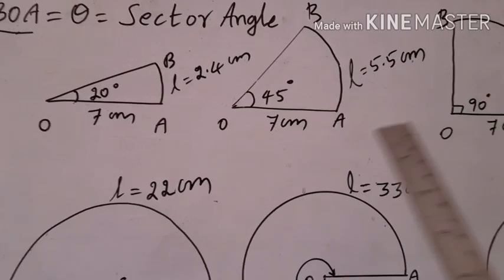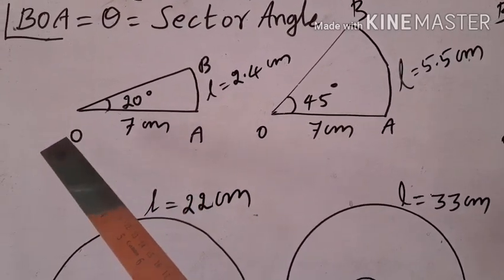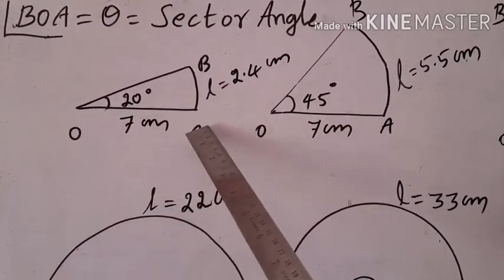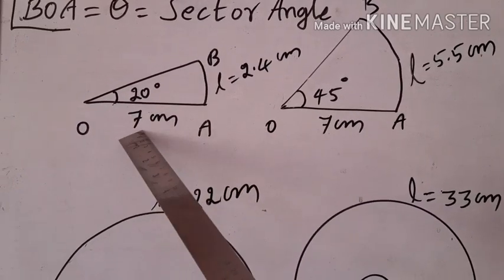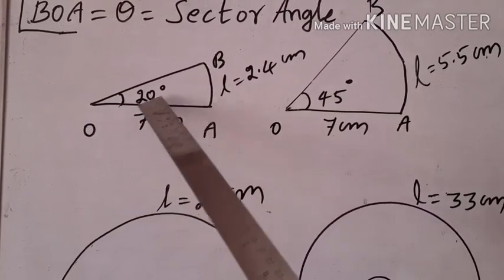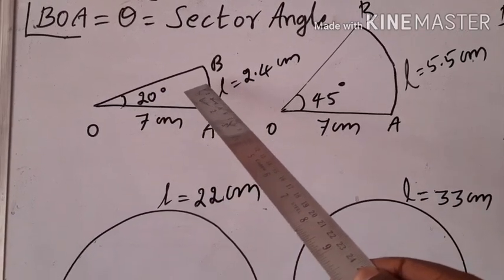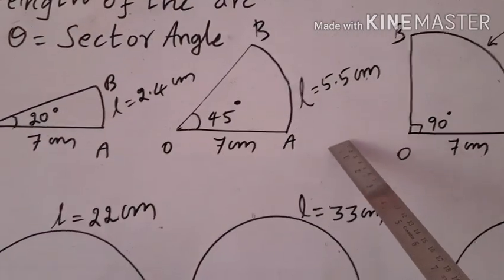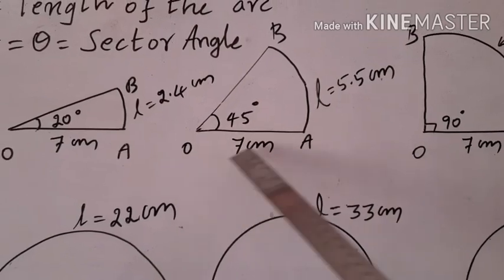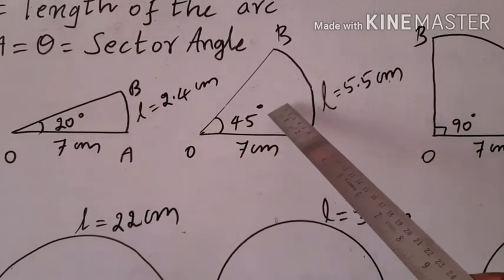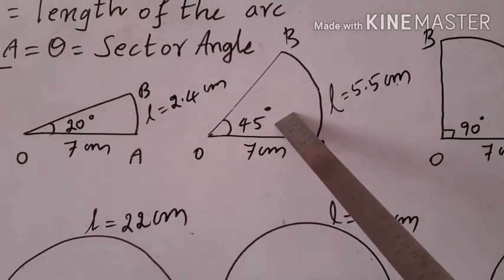Now let us see, children. Here, this is the sector whose radius is 7 centimeter and central angle is 20 degree. And here there is one more sector whose radius is 7 centimeter only, but the central angle is 45 degree.